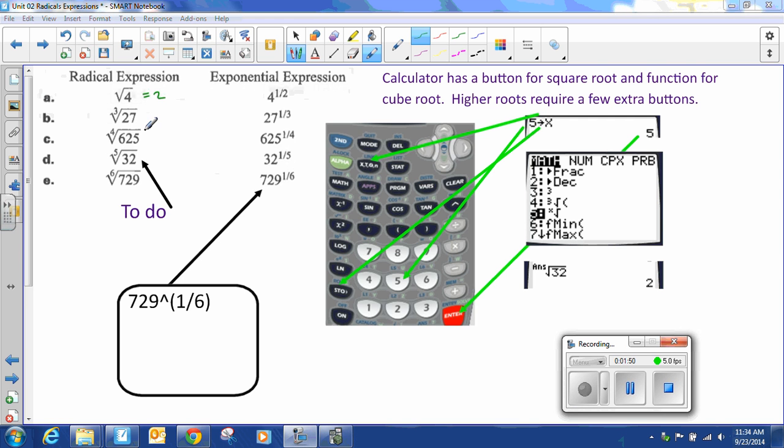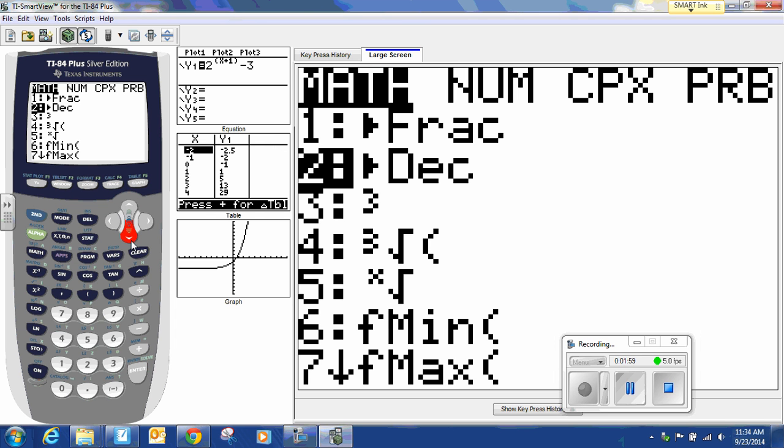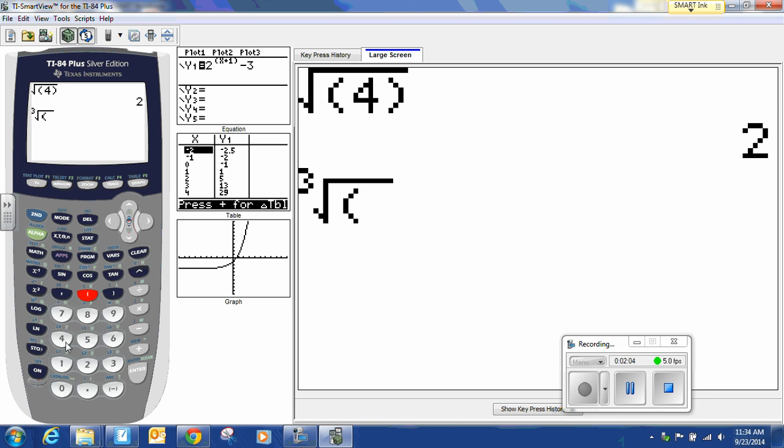Cube root of 27: there's actually a function for cube root on the calculator as well. You have to go to Math, scroll down to option 4, which is cube root, and like we discovered in the swimming pool example, the cube root of 27 is 3.